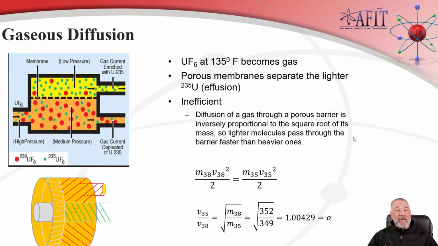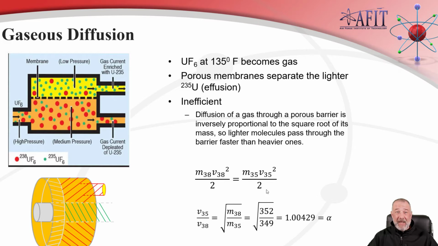So how do we determine how good our separation is going to be, given that we understand how to make the diffusion barrier? Okay, well, if they're at the same temperature, we have these two different equations, right? We have different masses, we have our velocity terms, and we have our 1/2 term.